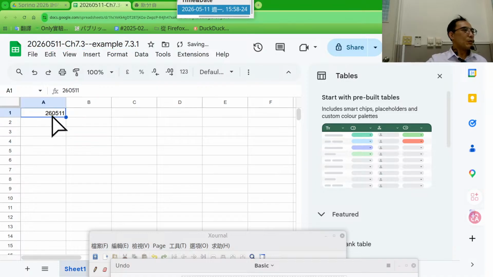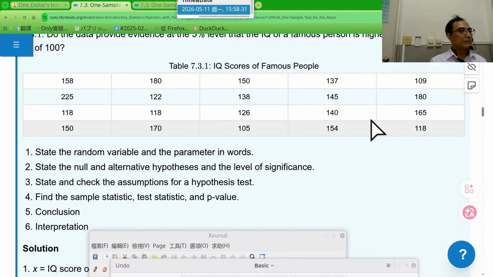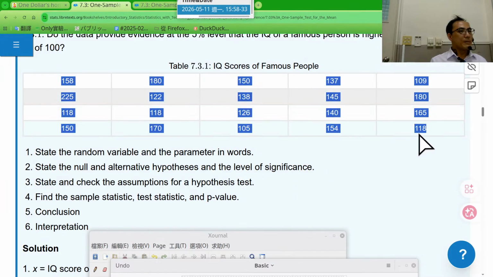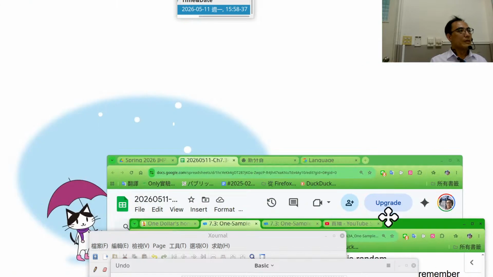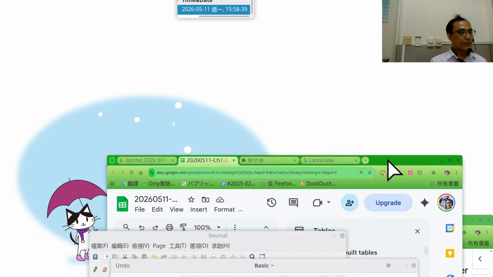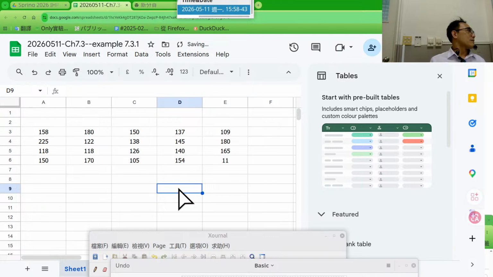Okay, and we just move here, copy, and paste. Is it okay? Copy and paste.